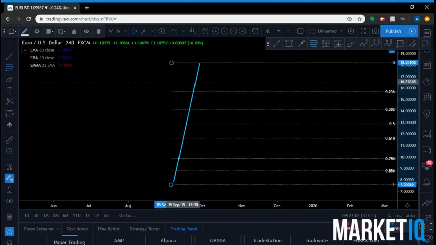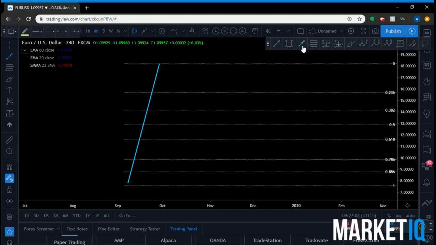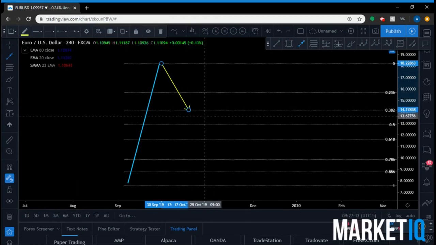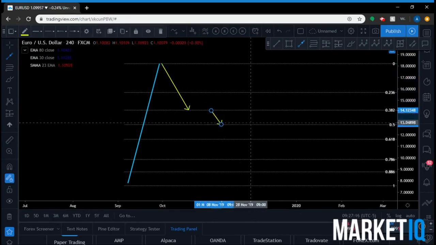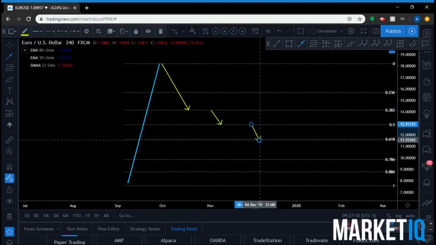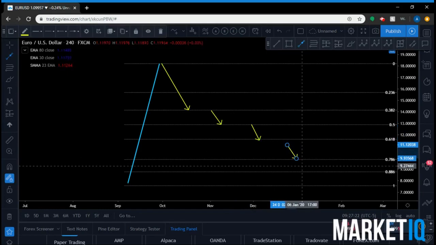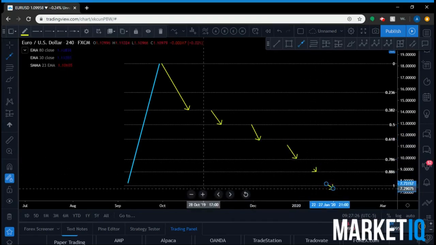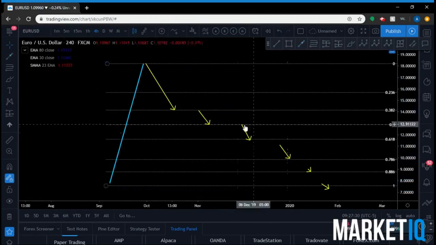Then we wait to see if price gives us a reaction here, or here, or here, or if it does a deep retracement and gives us something here, or if it retraces all the way back down to the 0 line. Okay?